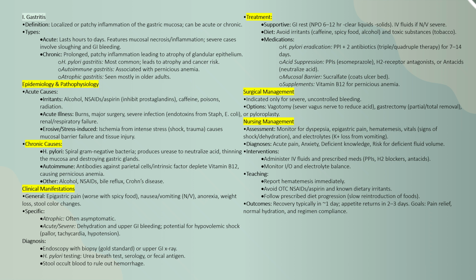So the causes. Acute causes: ingestion of irritating foods, alcohol or medication such as aspirin and NSAIDs; complications of acute illness such as burns, infections, major surgery; infected bacteria like Staphylococcus, E. coli; radiation therapy; ingestion of poisons.